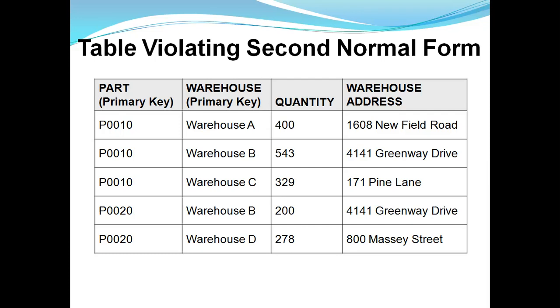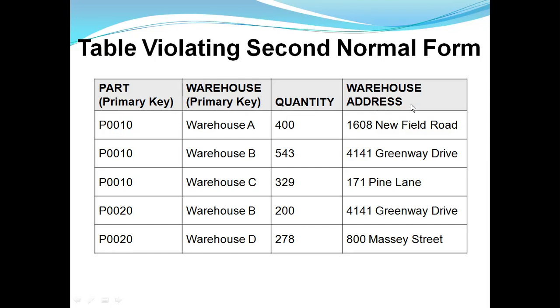Okay, so you have looked at this. What violation have you found? So here, if you look at this, can we say part and warehouse is a primary key? Is that one field or a composite field? Obviously, it's a composite field.